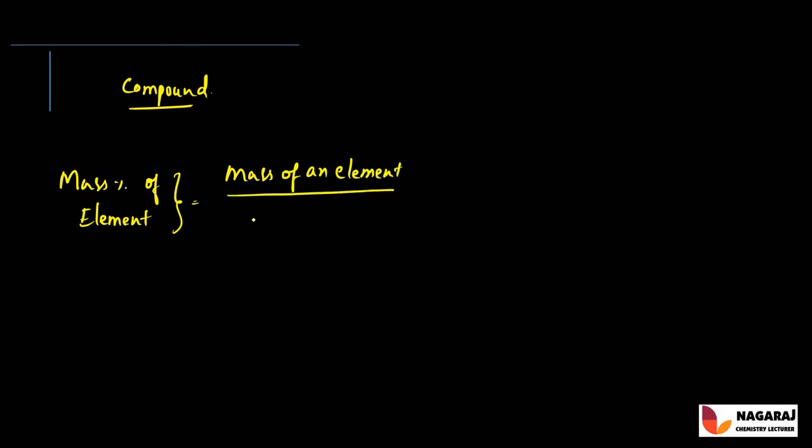That can be explained based on the formula: mass percentage of an element is equal to mass of the element divided by total mass of the compound into 100.